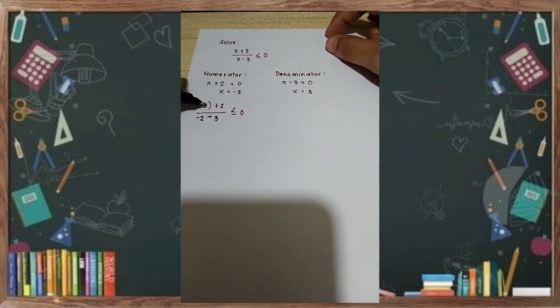Okay? So, negative 2 plus 2 ay equals 0 over negative 2 minus 3 ay equals negative 5. Okay, 0 divided by negative 5 ay 0. So, which means that 0 is less than or equal to 0. So, meaning, negative 2 is a solution of our inequality.